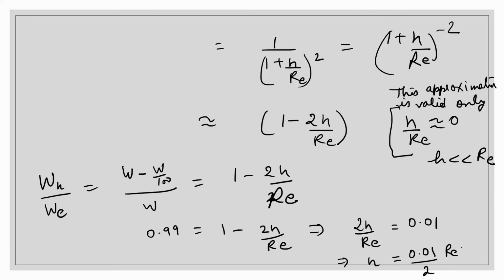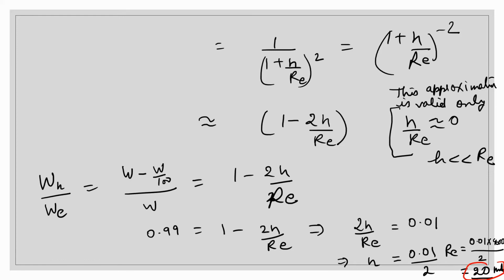Now if you put the value of Re as 4000 miles, because the radius is approximately 4000 miles, I will get 0.01 into 4000 divided by 2, so I am getting the answer approximately 20 miles. So if you go 20 miles above the earth's surface, you will experience a weight loss of 1%.